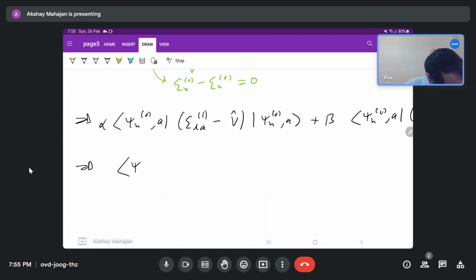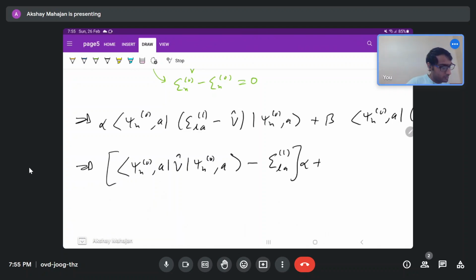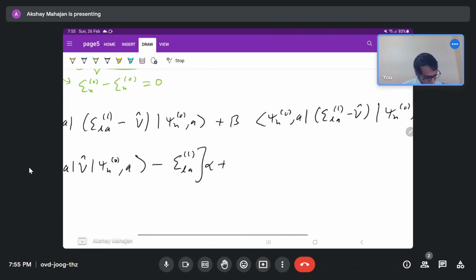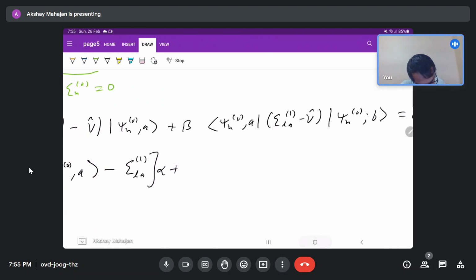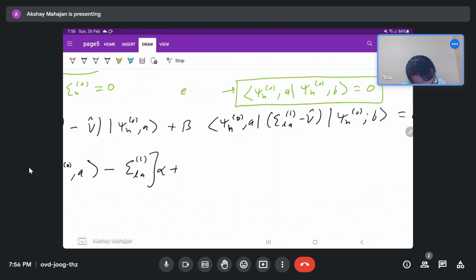So what we will have is psi n of 0 of a V cap psi n of 0 of a minus epsilon LA of first order correction times alpha, plus, note that since these are energy eigenkets, psi n of 0 of a with psi n of 0 of b will be equal to 0.